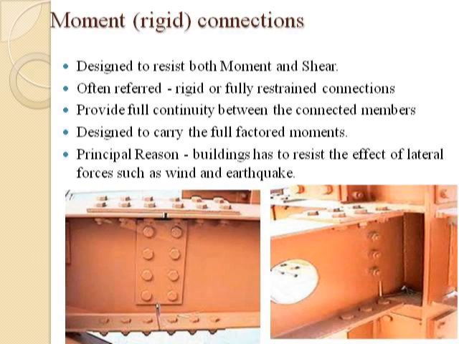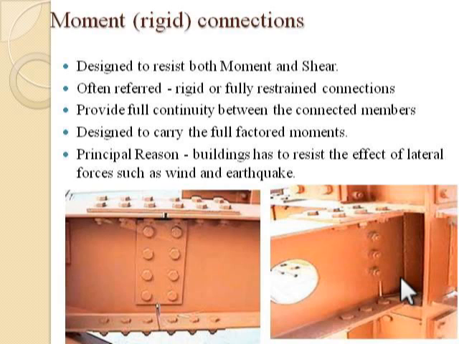So this will provide full continuity between the connected members. As we can see in the figure, the member looks like it is continuous. There is no gap in the connection between them. It seems like it is continuous. So if you go for moment connections, then we'll have continuity between the connecting members.